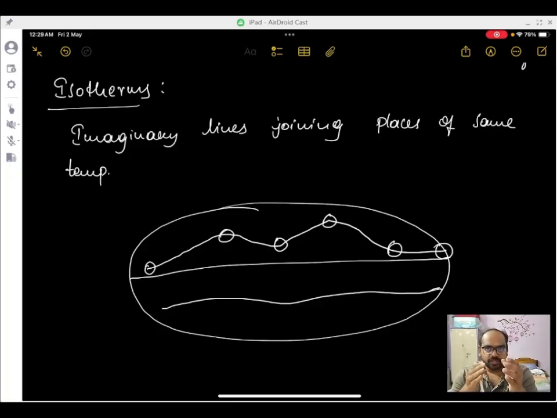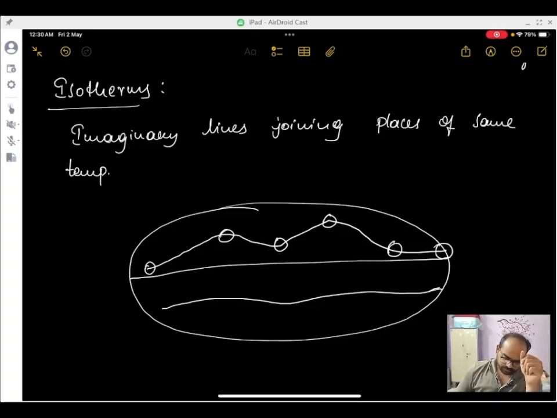Due to predominance of the land in the northern hemisphere, there will be a differential rate of heating. Ocean gets heated up at a different rate and loses heat at a different rate. Land masses heat up at a different rate and lose heat at a different rate. So that's why these isotherms shift gradually.